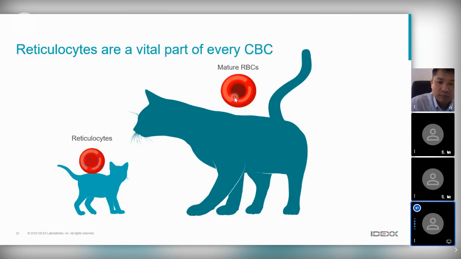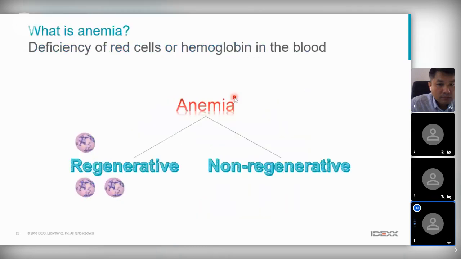So most of the veterinarians look for the reticulocytes when they have to define anemia. Reticulocytosis can be present with or without anemia. So let's have a closer look at anemia. What is anemia? Anemia is the deficiency of red cells or hemoglobin in the blood. And if they decrease, then the ultimate functions served by them will also be affected.